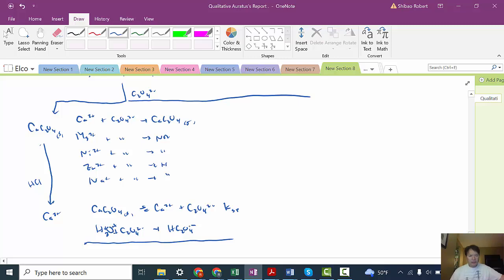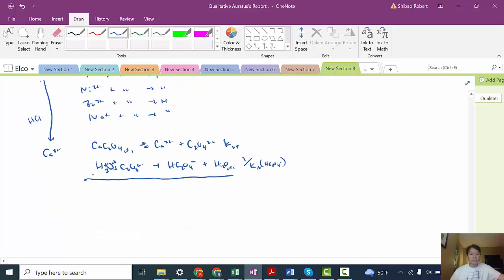If I make that hydronium, it's going to be hydrogen oxalate plus water yields hydronium plus oxalate. And so this is 1 over Ka for hydrogen oxalate. The scenario we're going to have is Ksp small, and then this reaction should have a large constant. The net reaction to dissolve this is we're removing the oxalate, which is going to shift this equilibrium to the right.